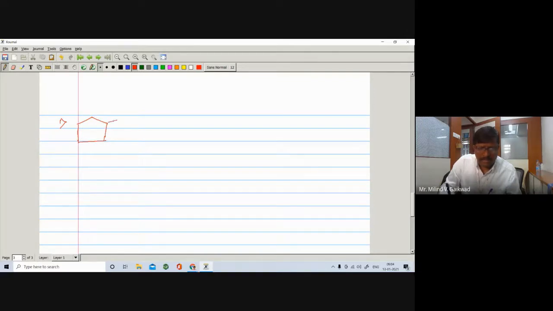Now tell me what is the name of this compound, C double bond O and H. This is your TM, the target molecule you have to prepare. So this is your aldehyde, right? This is your aldehyde. Leave it. This is R.